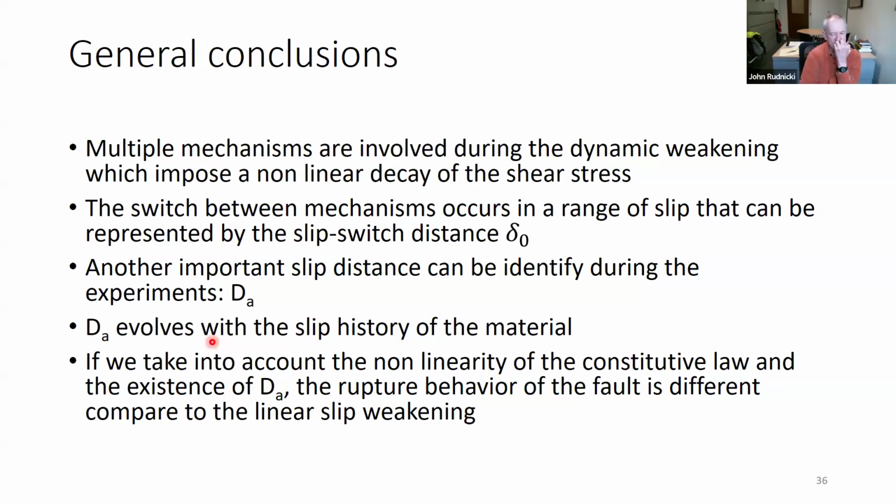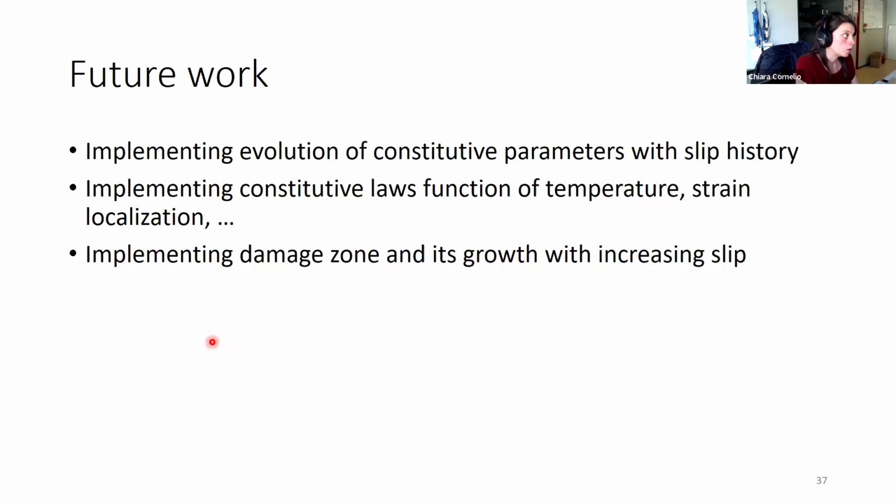As I said at the beginning of the third part, we are just starting to understand a little bit better how the constitutive law can have an influence on rupture dynamics. What we would like to do in more detail is to implement constitutive laws that take into account the evolution of the parameters due to the slip history.